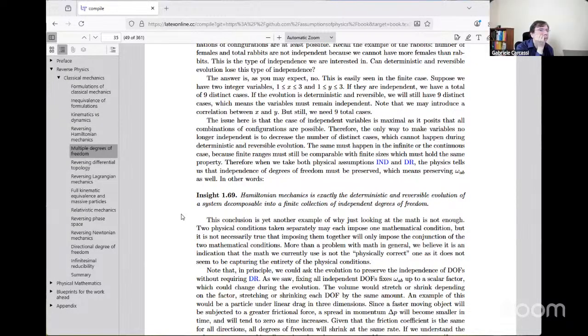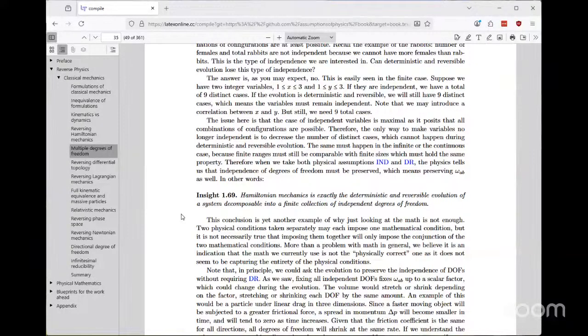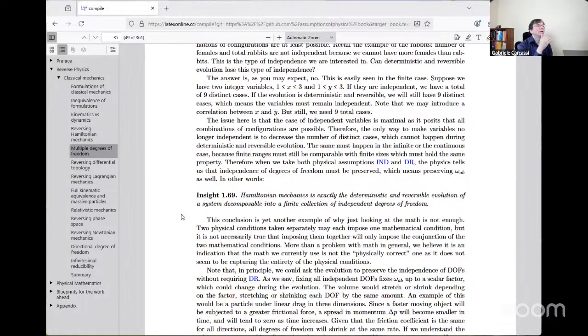Say it again? Are finite ranges comparable with finite sizes? Why does that lead to the same happening in the infinite or continuous case? So if you imagine that you have an infinite case of discrete elements, whenever you have a region, it is going to be mapped to another region. And so if you have deterministic and reversible evolution, the region that contains finitely many elements will be mapped to another region with finitely many elements.